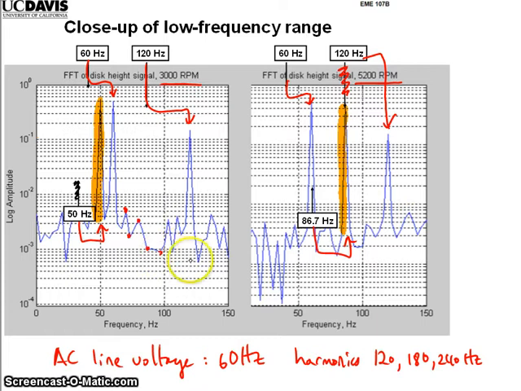But anyway, the reason it looks jagged is just the resolution of the FFT, or the number of points that I used. It's fine enough that we can see the spacing of these signals. We definitely see the difference between 60 hertz and 50 hertz. But if we wanted to resolve 51 hertz and 50 hertz, that would be very hard to do. We'd need to pick more points in the FFT.